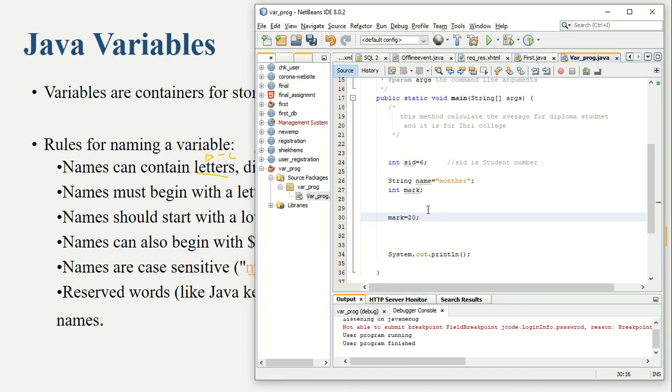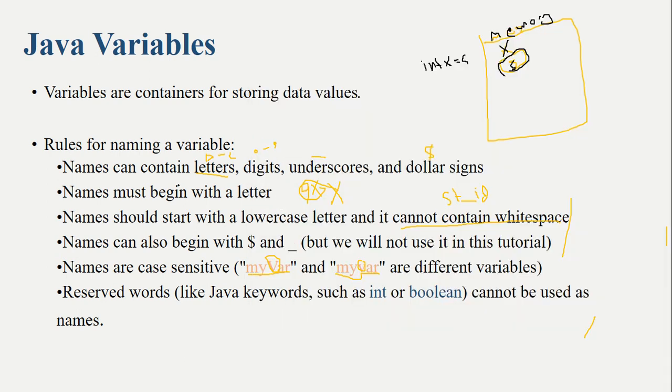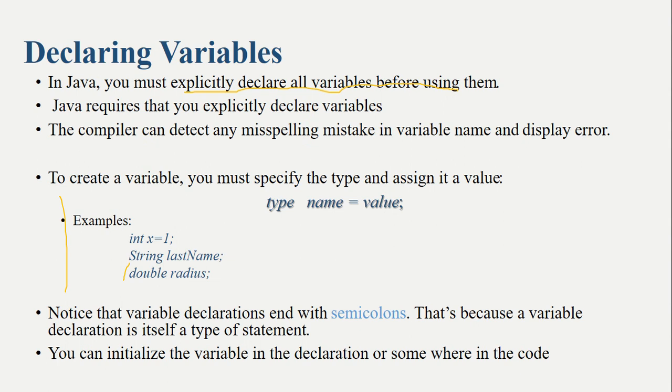You can initialize the value directly here, equal 20, or if you don't want it here, you can just do it later, anywhere in the code. These are how to declare the variable. These are the rules for the declaration of the variable. It's all included in the slide. Have a look at them and see what is missing. And if you have any questions, you can ask me.